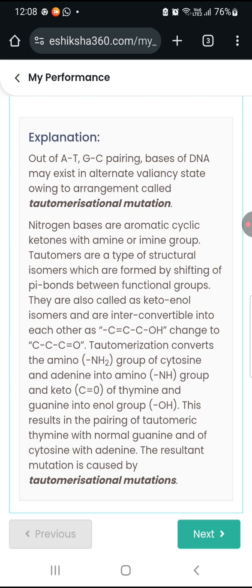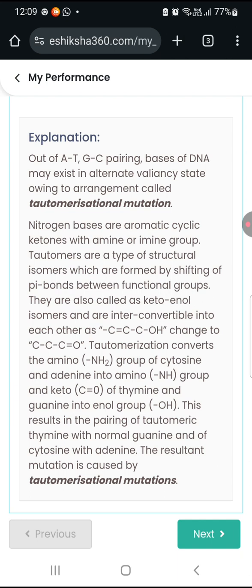Tautomers are a type of structural isomers which are formed by shifting of a pi bond between functional groups. They are also called keto-enol isomers and are interconvertible into each other.